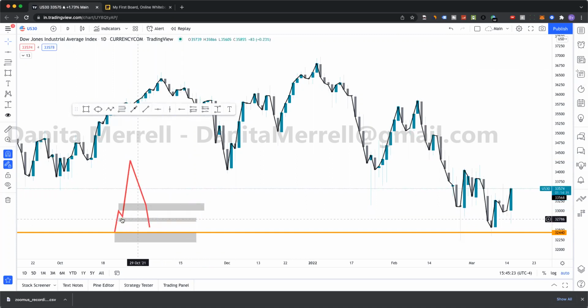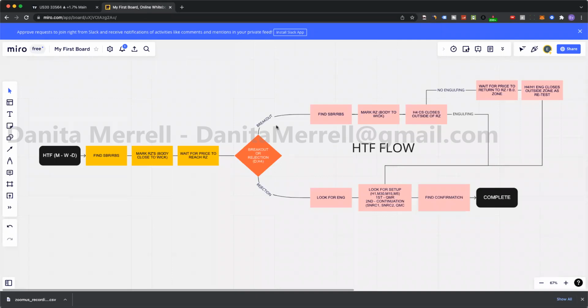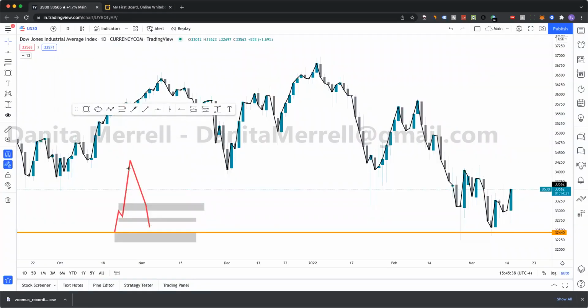Okay, we understand that this is now going to be a rejection zone, but price came through and broke out. So we have a breakout. What we have to do on the breakout is find where the SBR or RBS is, which is right here. Because this was RBS, and now it's SBR, because this was support now becoming resistance. So we would look at that zone right here, like this.